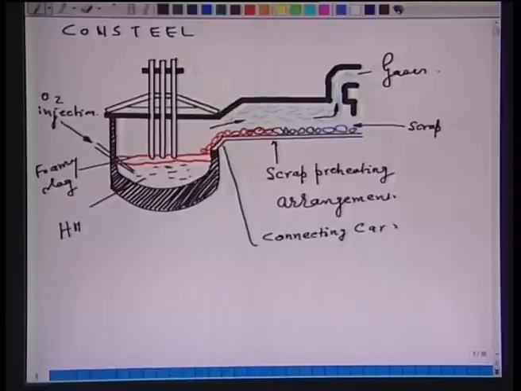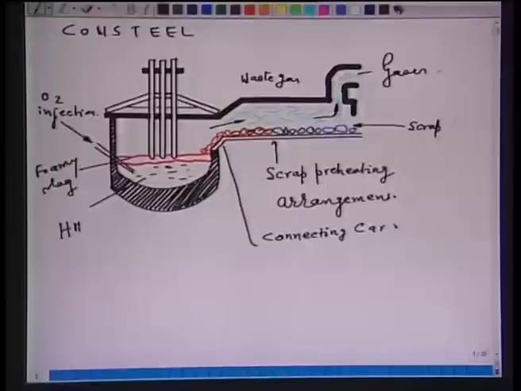This is the waste gas. The waste gas and the scrap are traveling counter current. It is a very effective mechanism of heat transfer from the heat of the waste gas to the moving scrap. So, this is a sort of continuous system for preheating of the scrap.